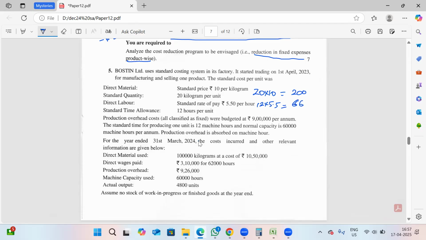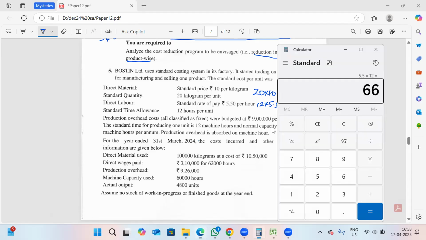Then what else do I have? This is direct materials, direct labor, and overheads. All of this I'm calculating per unit, so overheads also I want to calculate per unit. They have given 9 lakh rupees per annum, and 60,000 machine hours are required per annum.